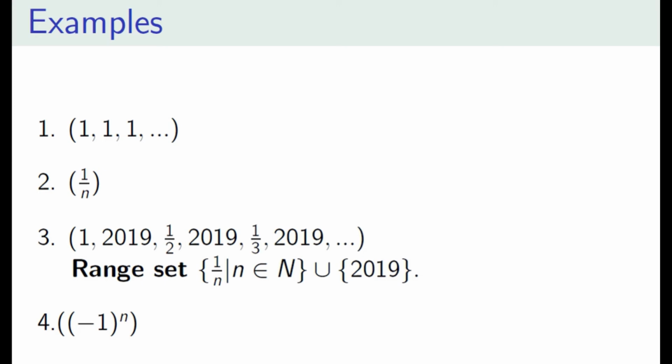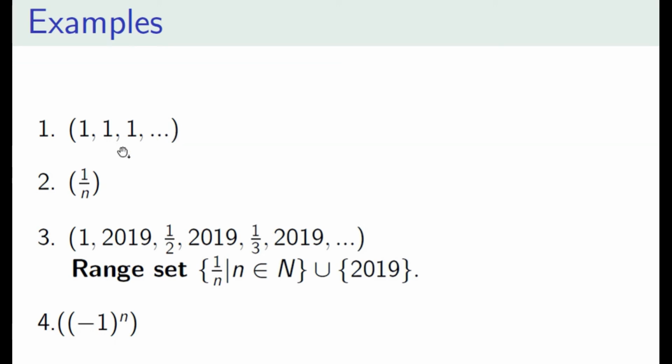This sequence is convergent and it converges to the limit 1. So the first example has a limit, that is 1, and the range set has only one element, and we know that a finite set in any metric space will not have a limit point. So the range set of this sequence does not have a limit point.